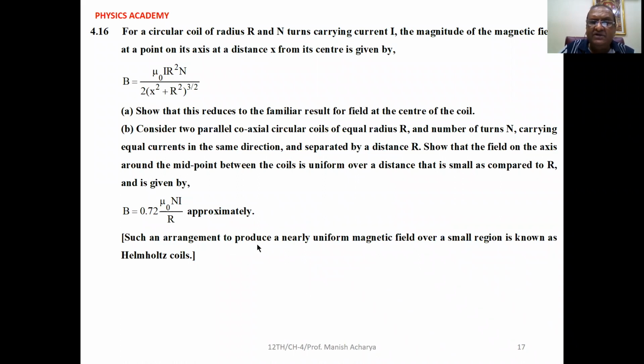Such an arrangement to produce a nearly uniform magnetic field over a small region is known as Helmholtz coil.